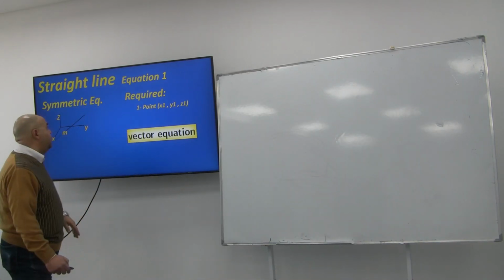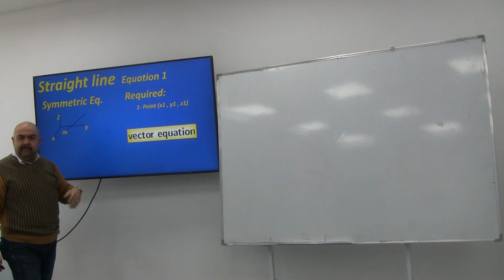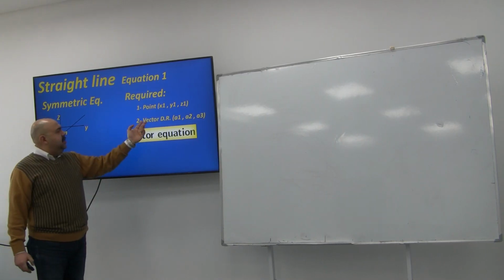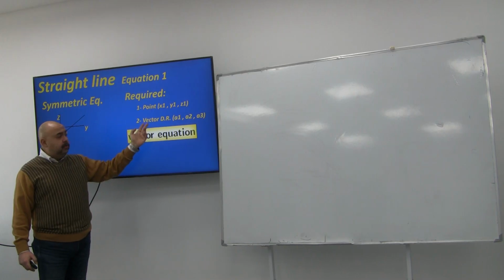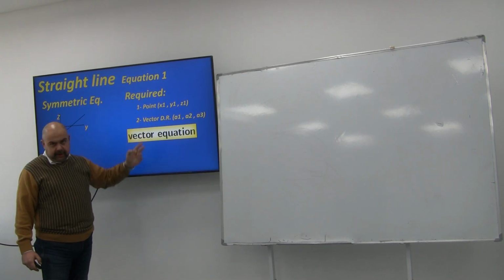The first of them is a point belonging to the line, for example, and then I will need the direction ratio, or the vector, or position vector of this straight line.